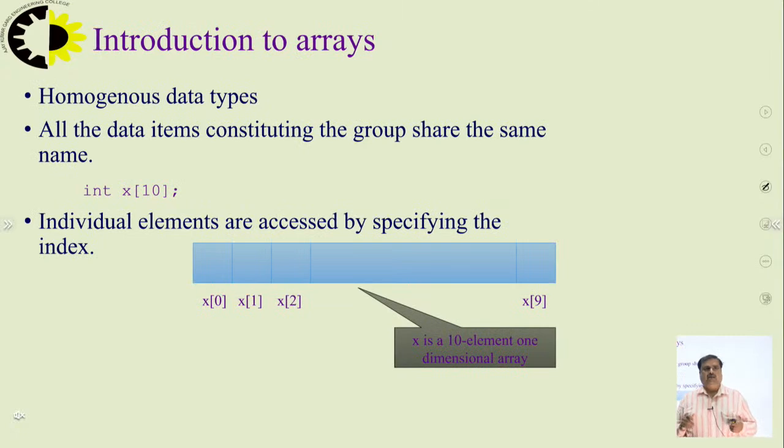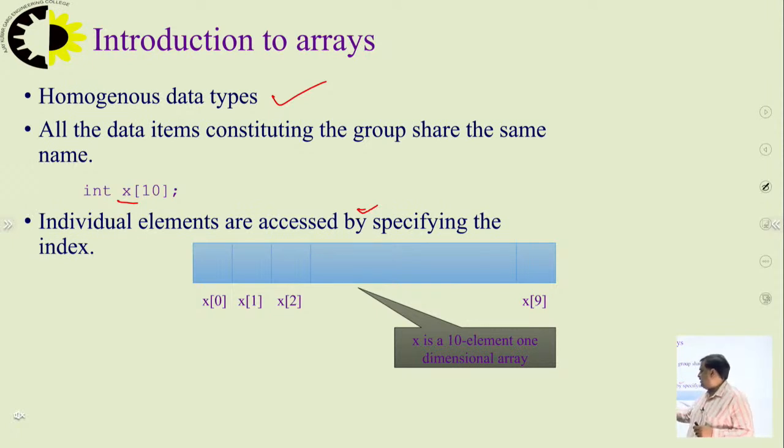So, introduction to arrays, let us try to start using it. One thing which we have covered is that it is a homogeneous data type. All the data items in the group share a name. So, every element of this array is sharing the name X, and they can be uniquely identified with the help of an index.